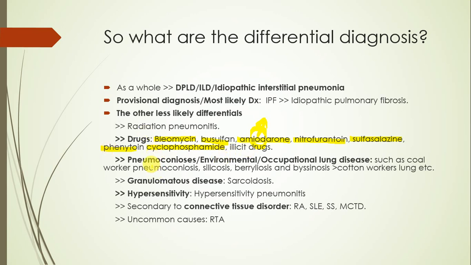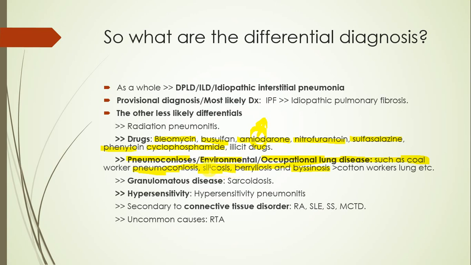The next group of differential diagnosis would be pneumoconiosis, which are also known as environmental, or a better way to say it is, occupational lung disease. And there are multiple varieties of this condition, such as coal worker pneumoconiosis, silicosis, berylliosis, and byssinosis. So you know that whenever someone works underground at a coal factory or coal mine, he might develop coal worker pneumoconiosis.